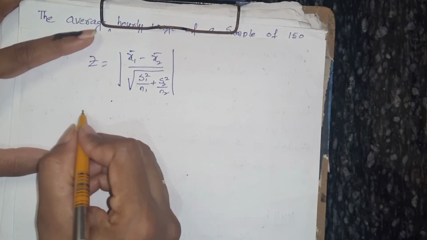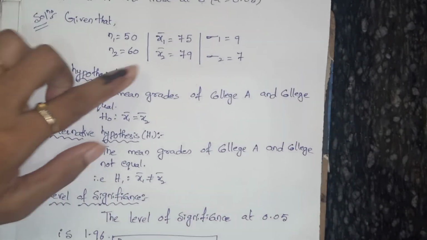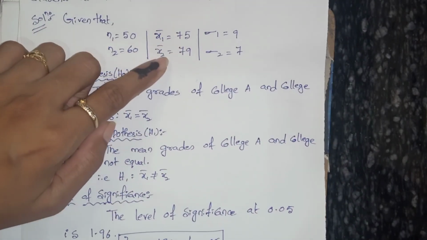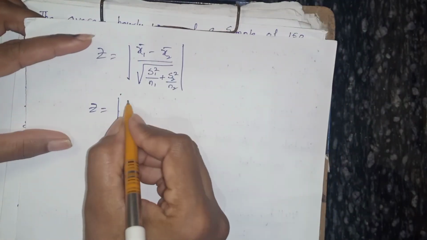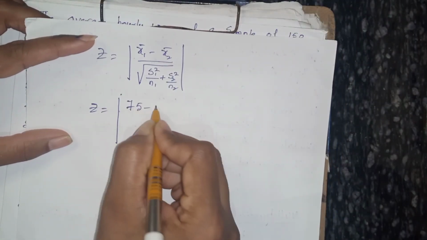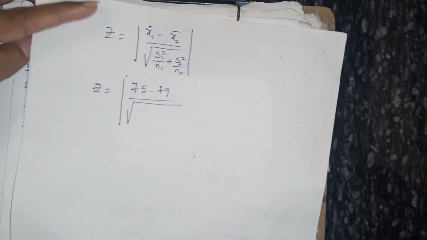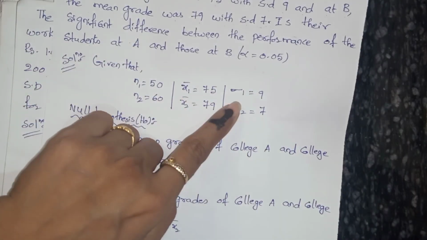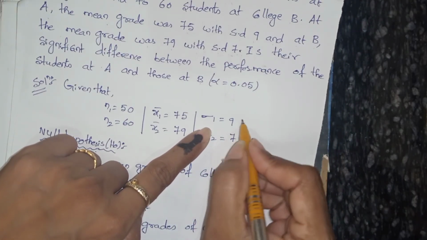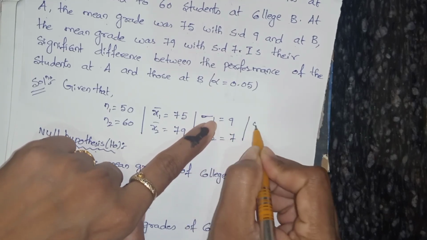Now we'll substitute the values. What is x1 bar? x1 bar is 75, x2 bar is 79. So 75 minus 79, over the square root of S1 square. As I told you, we can use sigma 1 or else S1, S2.